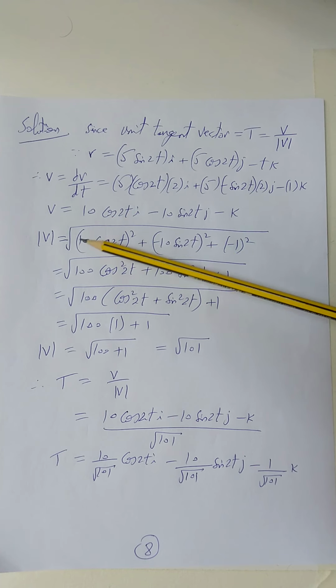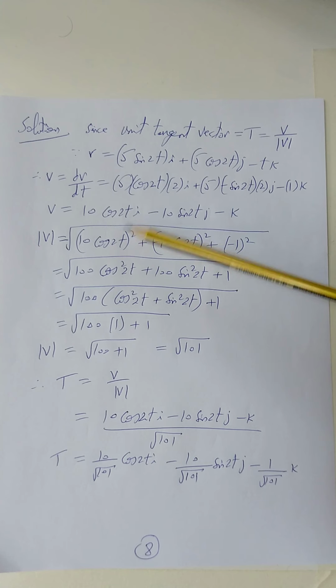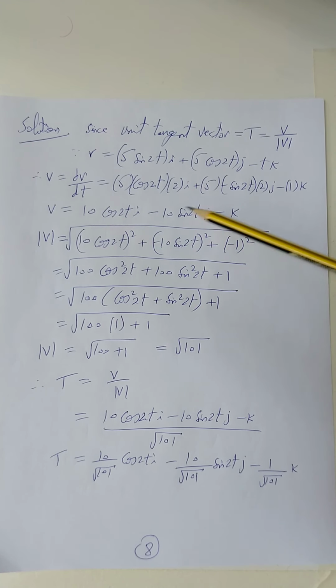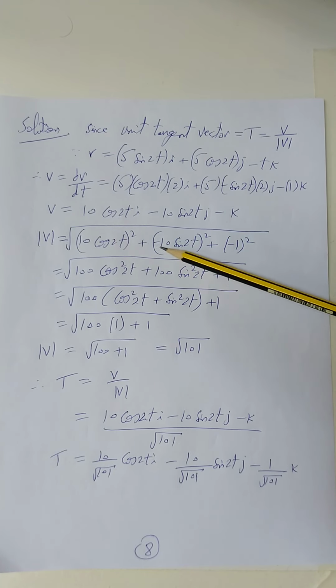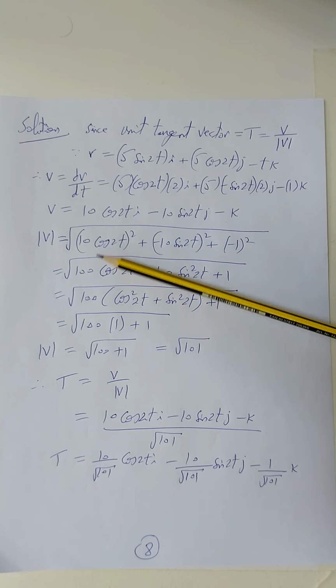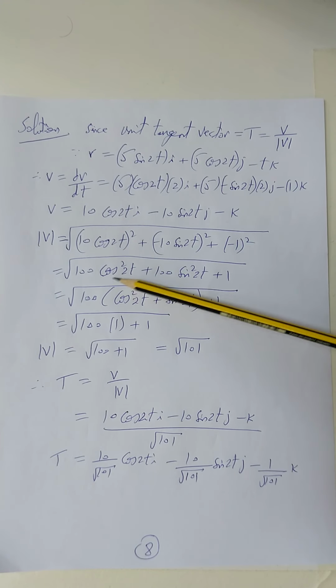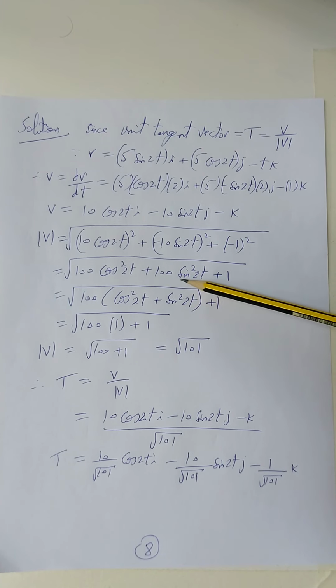Now we have to find the magnitude of V. You know the formula: the square of the first component plus the square of the second component plus the square of the third component, then the square root. So (10 cos 2t) squared plus (-10 sin 2t) squared plus (-1) squared, all under the square root. This gives 100 cos squared 2t plus 100 sin squared 2t plus 1.